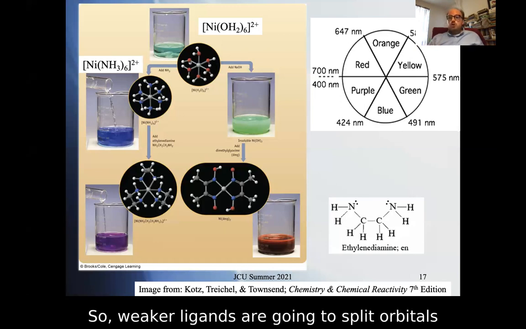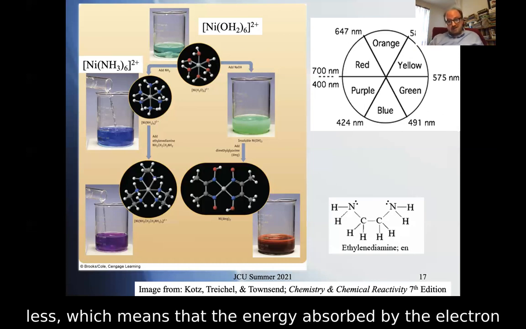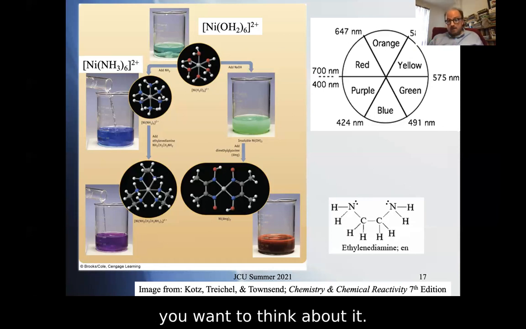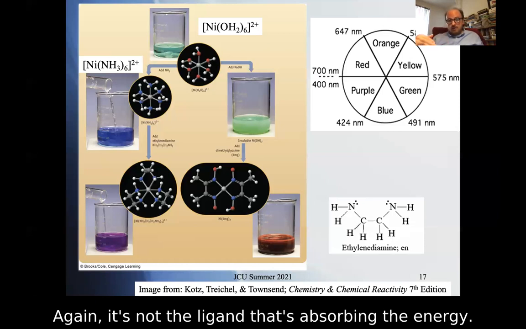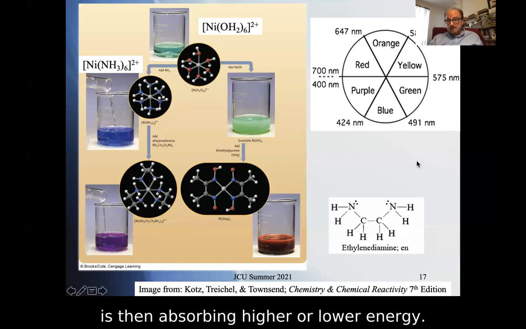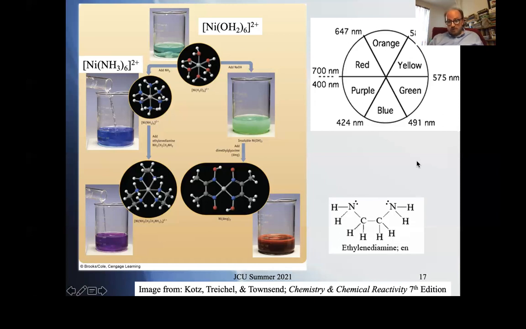Well, there's a question. So weaker ligands are going to split orbitals less, which means that the energy absorbed by the electron is weaker or longer wavelength, depending on how you want to think about it. It's not the ligand that's absorbing the energy, it's the split, and the transition metal electron is then absorbing higher or lower energy.